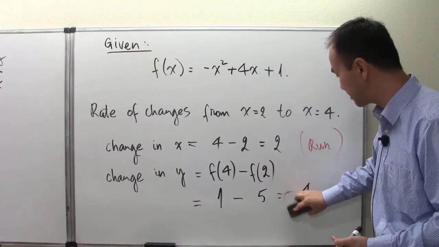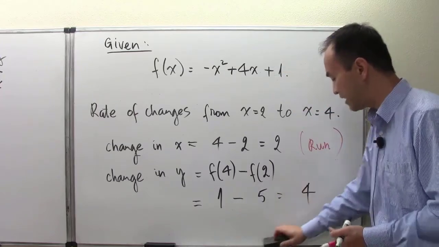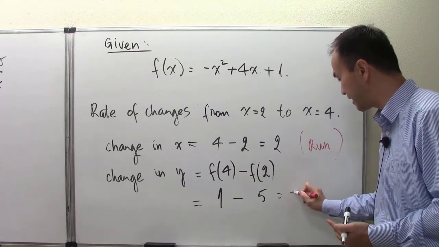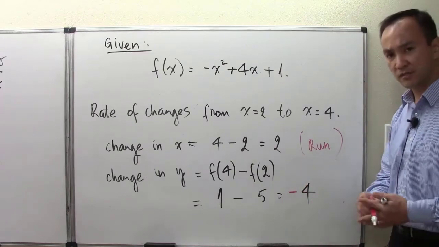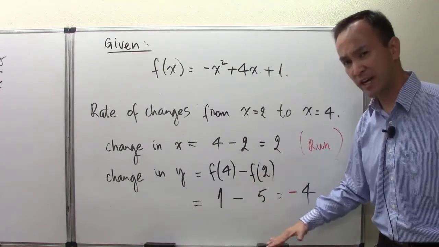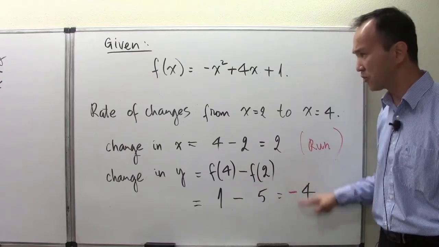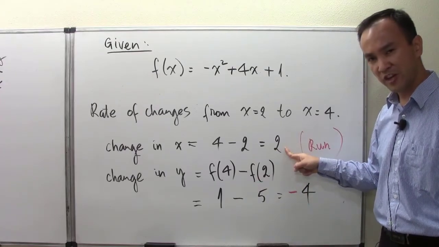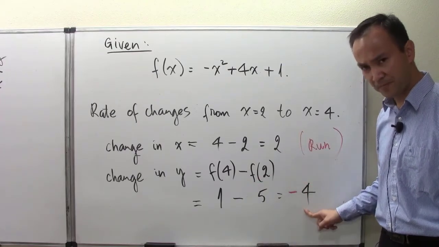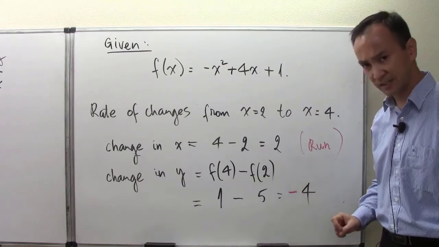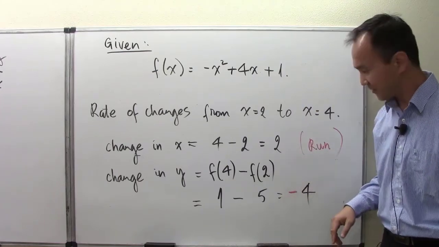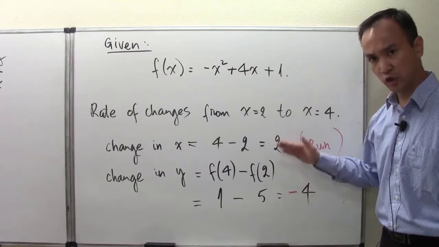Let me make this negative sign really attention-catching. Negative 4. As far as just calculating the changes, we have calculated both of them: change in x, change in y. I'm now going to switch over to the other board and get the rate, because this is not the rate yet. This is just the two parts.